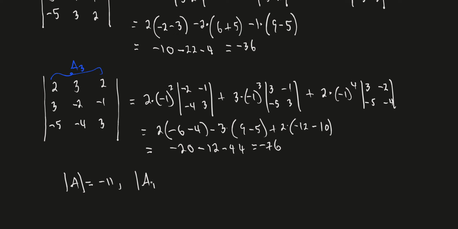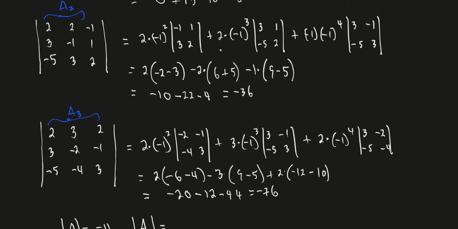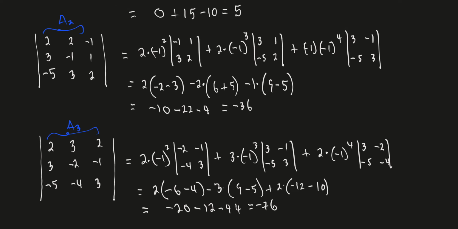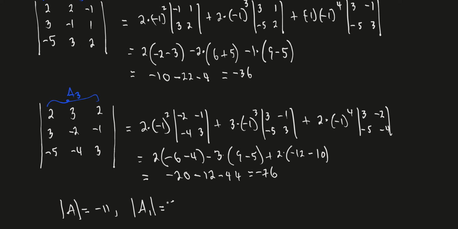The determinant of A1, I can see it right there, that one's 5. The determinant of A2, that's right here, that's negative 36.